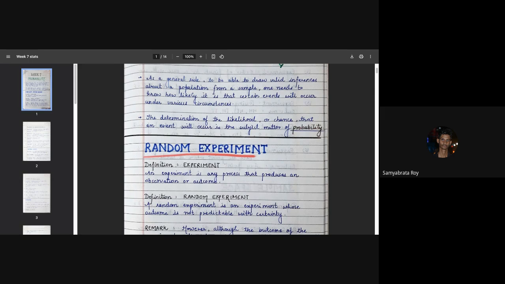In other subjects like physics, we have seen experiments. Now how is this random experiment different from the experiment? Can anyone tell me what you mean by experiment? Anyone?